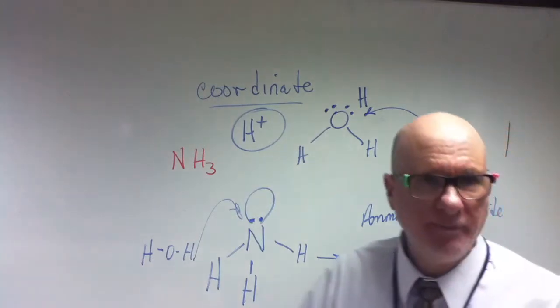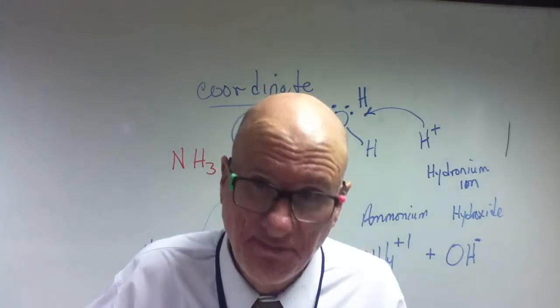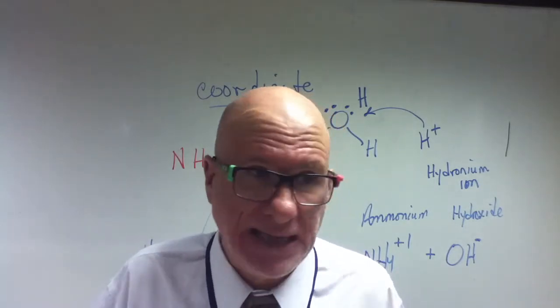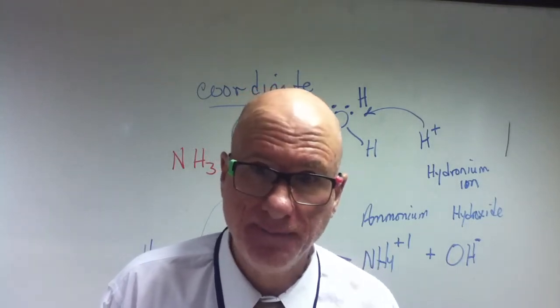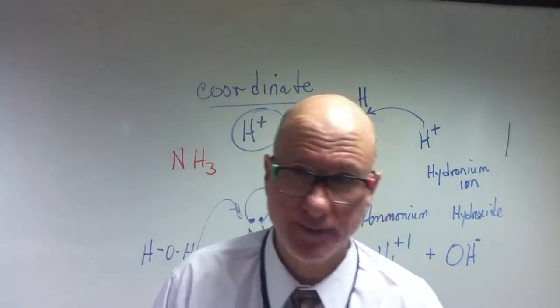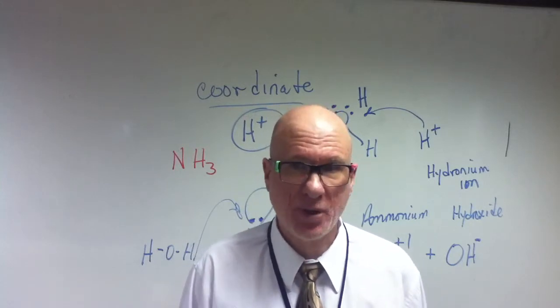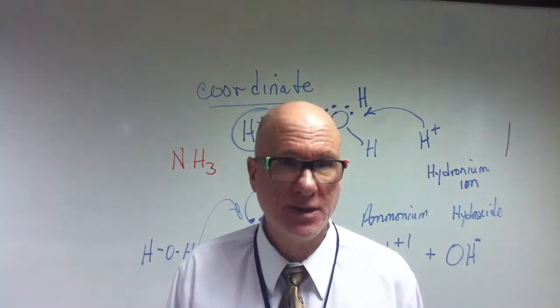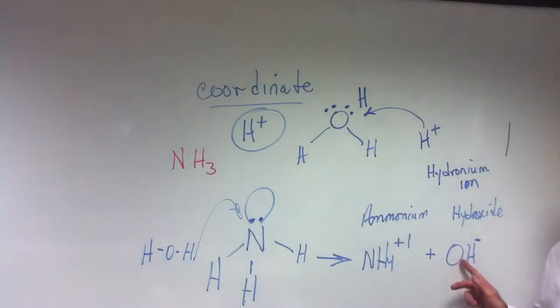So ammonia is a base. Ammonia is a base because it accepts that proton. It's a proton acceptor. You see that? Just like hydroxide. You see this? That hydroxide is a base. It accepts a proton.